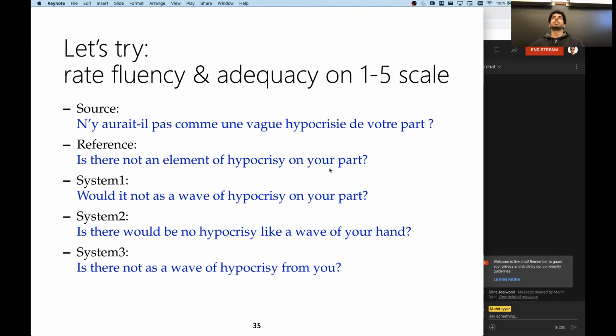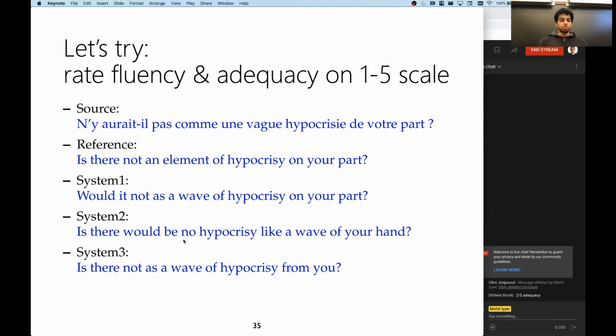Raise your hand if you think it's a 1 out of 5. All right, what about a 2 out of 5? Okay, so maybe like 20% of you. What about a 3 out of 5? Okay, 4 out of 5? And 5 out of 5? All right, so most of you were within the 2 to 3 range, but as you can see, the class was roughly split. Let's do another one.